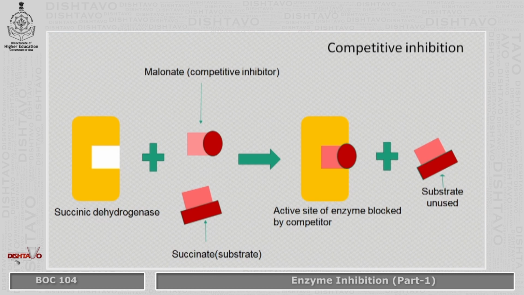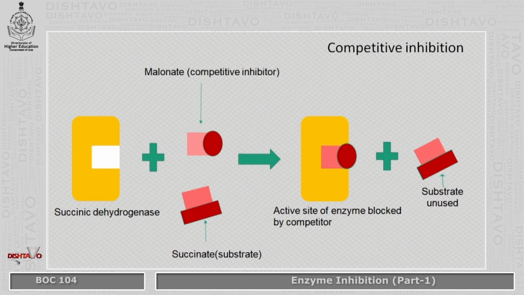The very best example of competitive inhibition is the succinate that acts as a substrate. And this succinate binds with succinic dehydrogenase enzyme to give a product called fumarate. There is an inhibitor called malonate. The structure of malonate is similar to that of succinate. So, there is a competition between malonate and succinate.